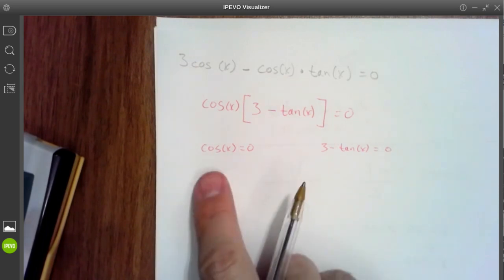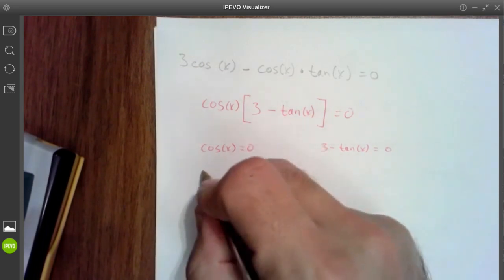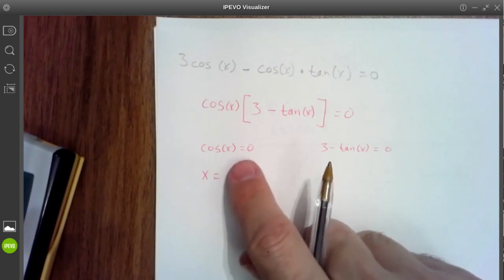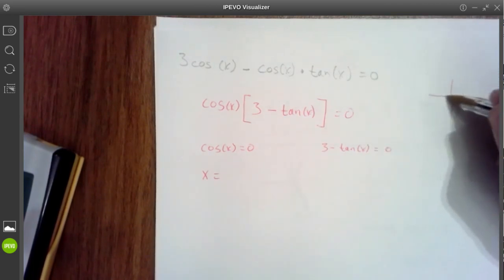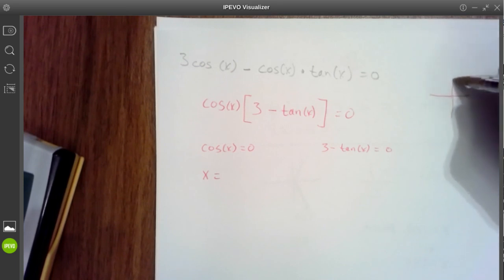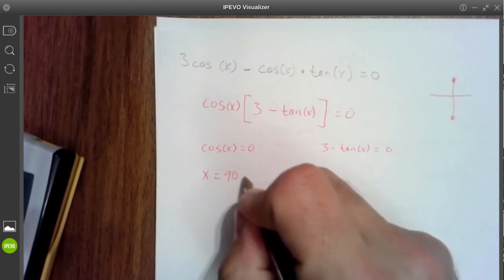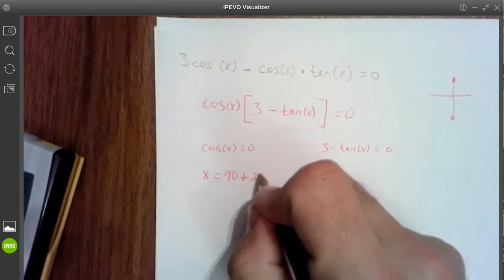All right, the one on the left is kind of easy. There's two values where cosine is equal to 0. Remember, cosine is the x value. That happens at this angle and at this angle. Those are where the x values are equal to 0. So that's going to be at 90 degrees and 270.